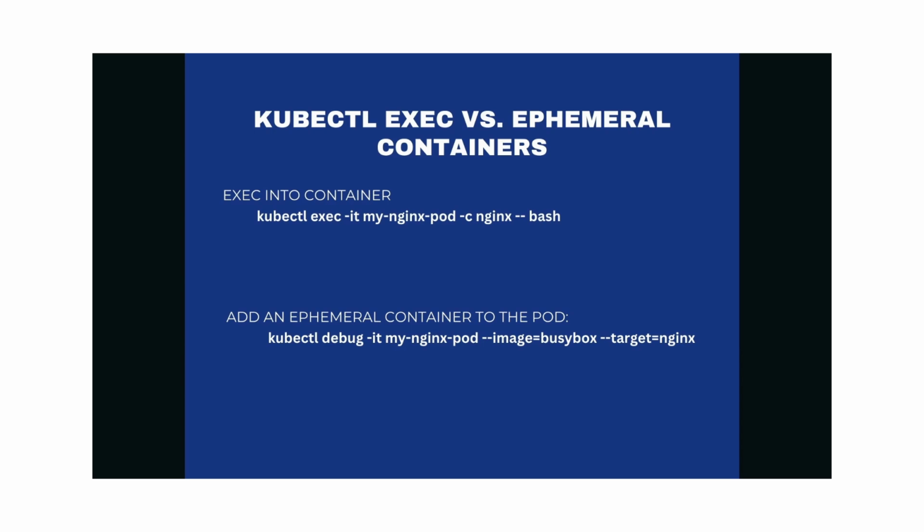Then how would you check those logs? You can use the kubectl logs command only if the application is outputting the logs as standard out. That's when you will be able to see all the logs when you perform kubectl logs and the pod name.